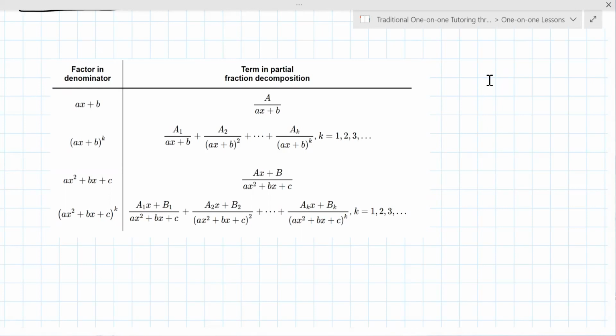Oh, she does want us to integrate on that one. Yeah, she's wanting us to integrate.